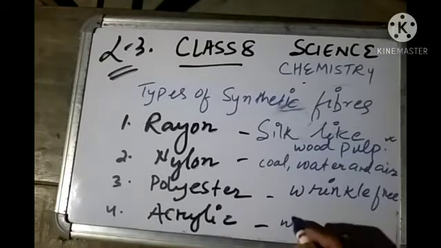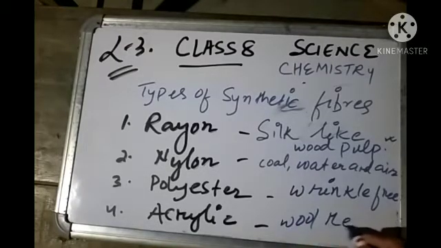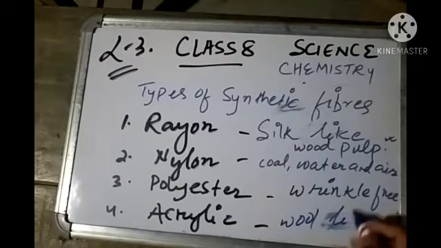Acrylic resembles wool, is cheaper than wool, and is available in a variety of colors. So we have discussed rayon, nylon, polyester, and acrylic under the topic types of synthetic fibers in the previous lecture.